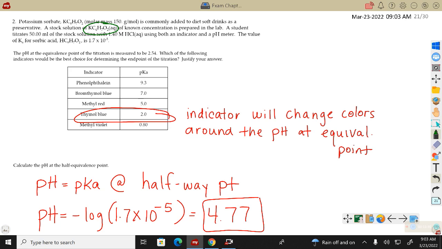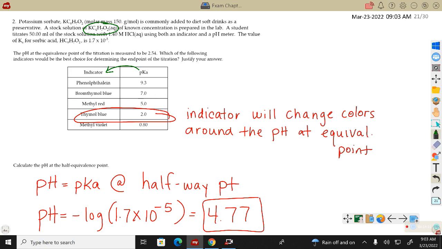So I've got a couple indicators to choose from, and they give me the pKa of the indicator. Acid-base indicators are just weak acids and bases, and they have Kas and Kbs, and they turn colors when the pH of the solution equals the pKa of the indicator.